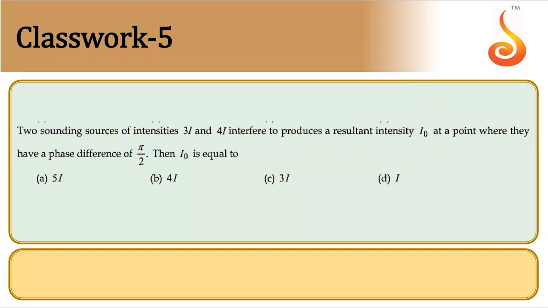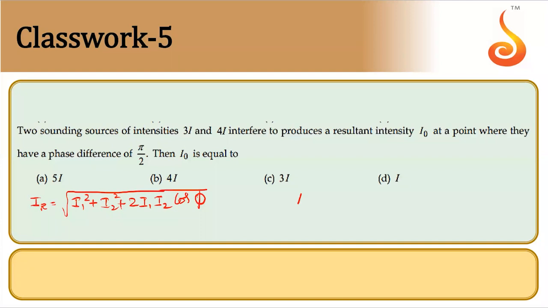Two sounding sources of intensities 3I and 4I interfere to produce resultant intensity I0 at a point where they have a phase difference of pi by 2. Then I0 is equal to. See, resultant intensity is given by root of I1 square plus I2 square plus 2 I1 I2 cos phi, where phi is the phase difference.